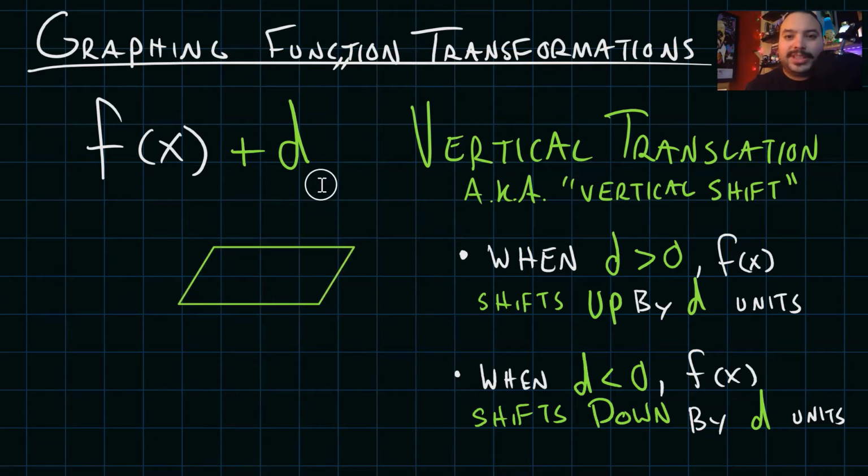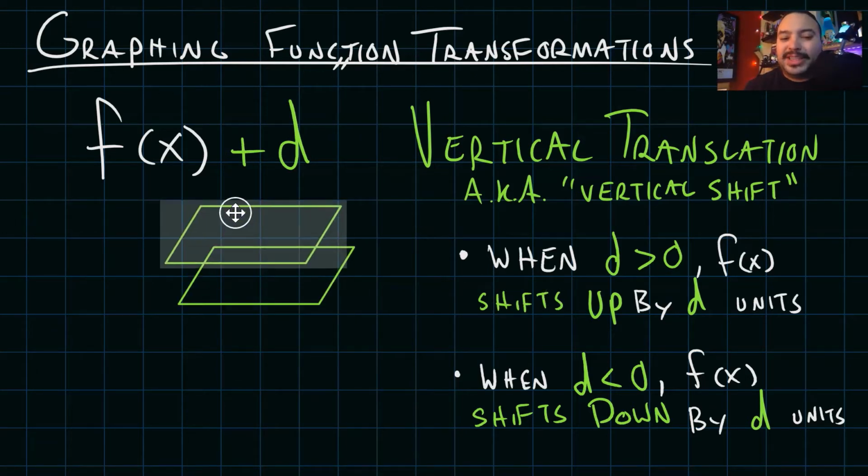So as mentioned before, d is a parameter, which means when you see an equation like this, you're typically going to see a number instead of a plus d. Let's talk about what some of those types of numbers might be and the effect that they can have on the graph of a function. If d is a number that's greater than 0, which means a positive number bigger than 0, f of x will be shifted up by whatever number d is.